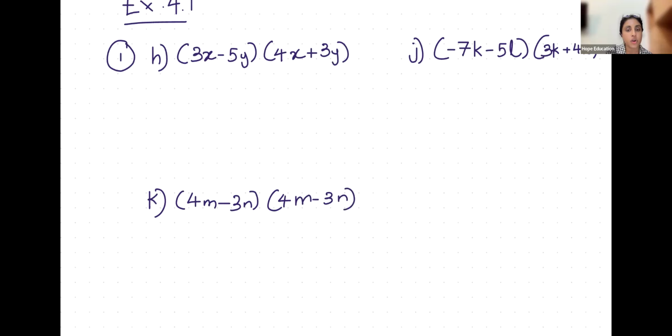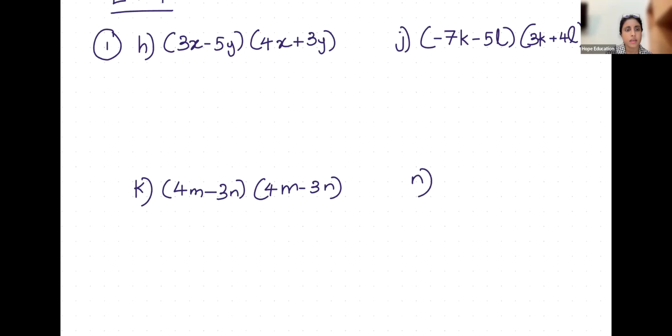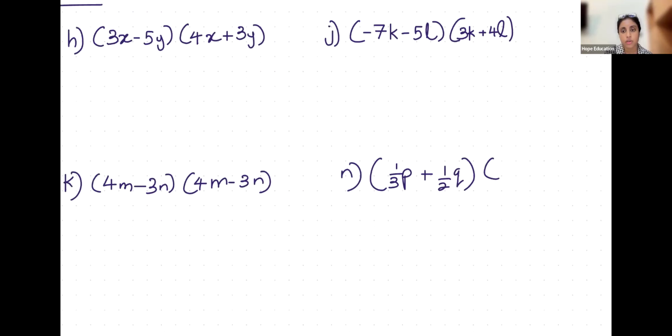Then also try N. One over 3p plus 1 over 2q, and two over 3p minus 3 over 4q.